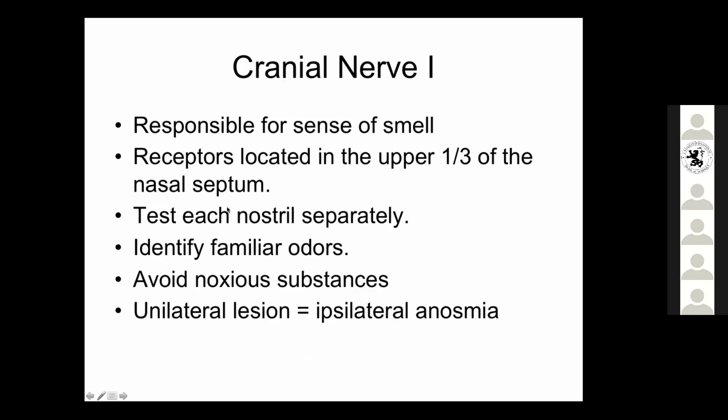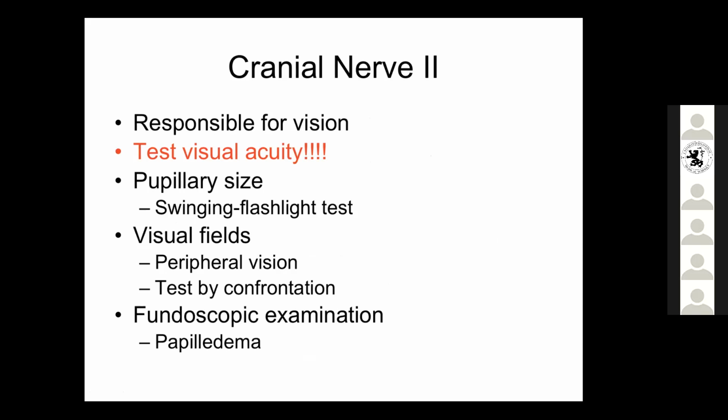We use our finger to close the nostril which we're not testing, and we ask the patient to smell some familiar odors like soap or perfume, and then ask if they're able to smell it or not. Anosmia is the condition when a patient cannot smell, and it can be ipsilateral or bilateral.